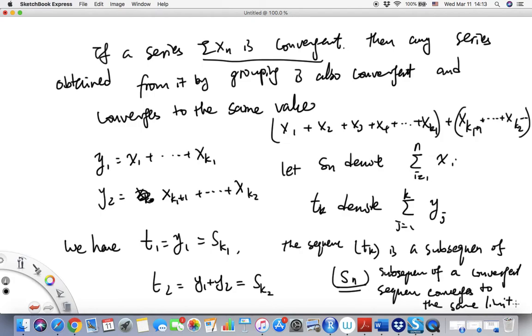All right. Good. So next we introduce another concept called rearrangement. Just as the name suggests, let's look at this series, say 1 plus 1/2 plus 1/3 plus 1/4 plus 1/5.